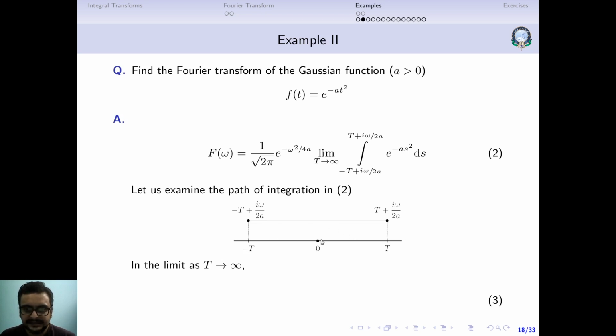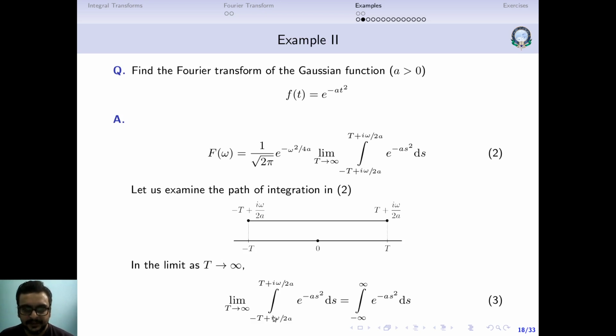Since this contour does not contain any singularities, integrating from here to here is the same as integrating from minus T to plus T as the limit T tends towards infinity. So in this limit we could just replace these limits with minus infinity to plus infinity, because these two parts will not have any contribution in this integral.